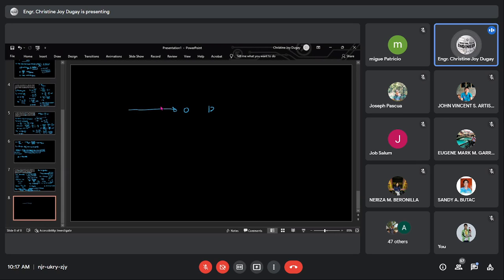For example, that is 120 angle of 0. So our phase difference is 120. The separation between them is 120 degrees.